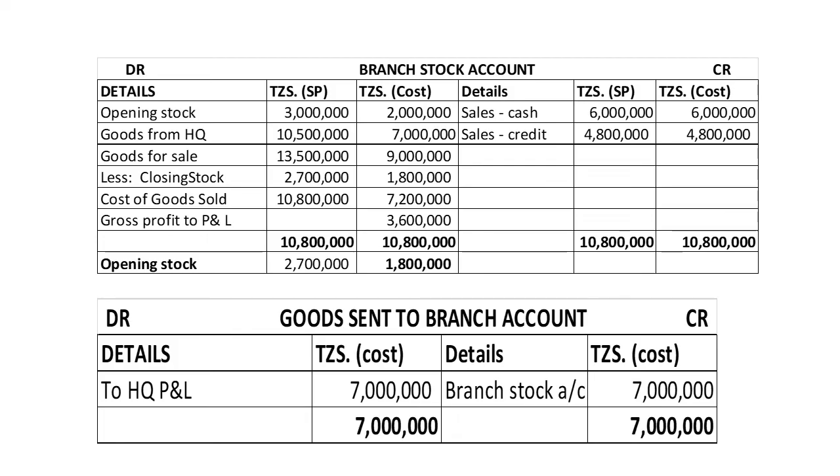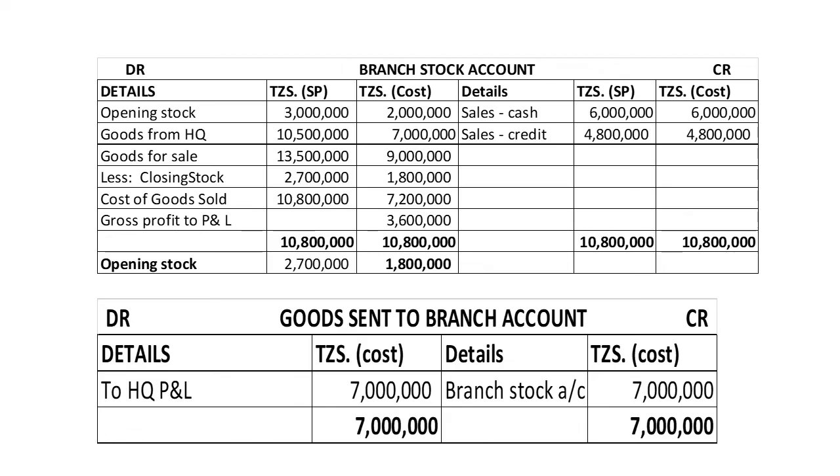So let's see closing stock. Closing stock is 1,800,000 at cost. If you change it to selling price, it will be 2,700,000. So cost of goods sold, if you take goods available for sale and then deduct the closing stock, is 10,800,000 at selling price and 7,200,000 at cost.